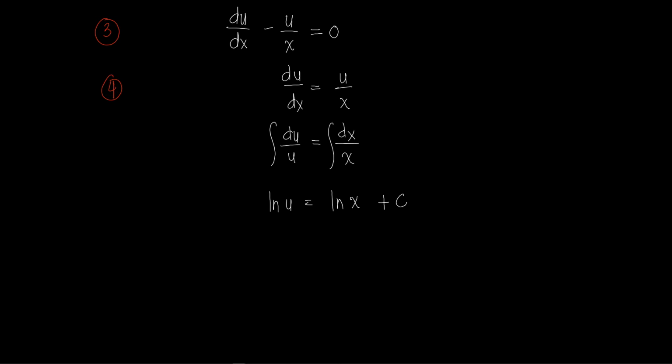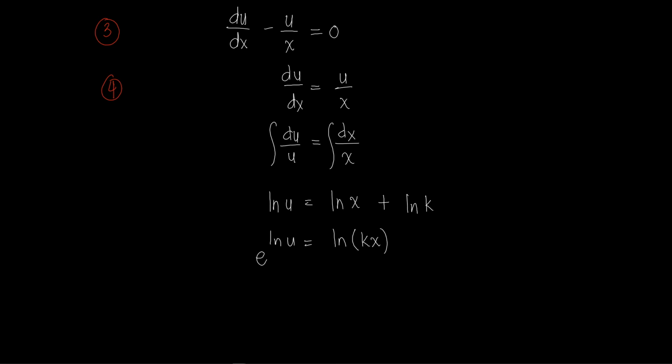Since everything is in ln, we can write the constant as ln C, or you may use ln K. It depends on you which constant you use. For example, let's use ln K, so our C is ln K. Next, ln u is equal to ln of x plus ln K, and via the rules we can combine these, so it becomes ln of kx.